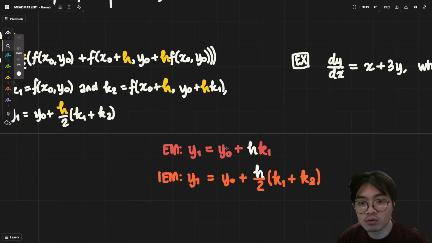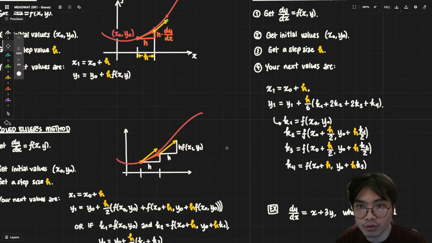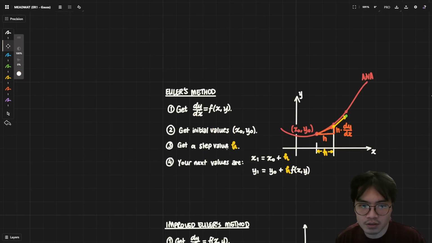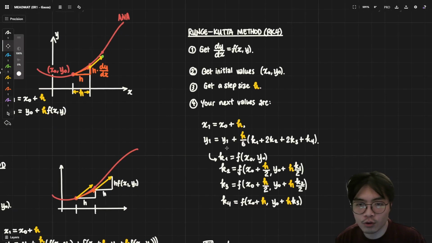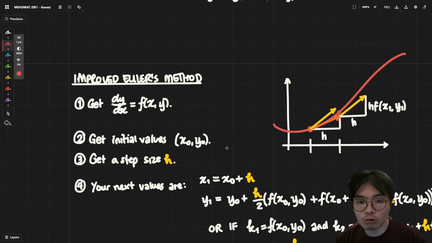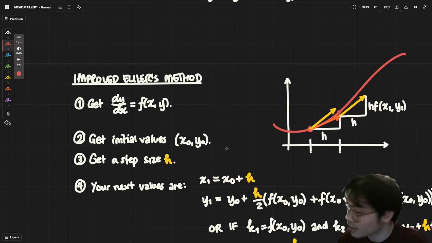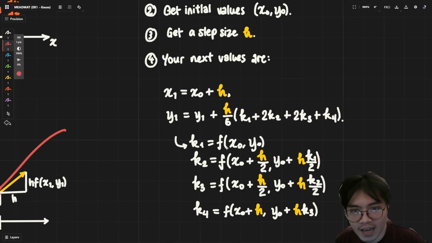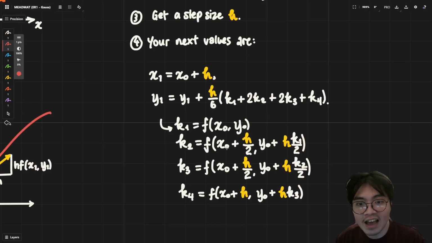And then we will take this even a step further with the RK method, the Runge-Kutta method. Instead of having just 1 iteration for Euler's method, or 2 for the improved Euler's method, you will get 4. And we will take this notion of the average and make it a little bit more refined by basically doing half steps.